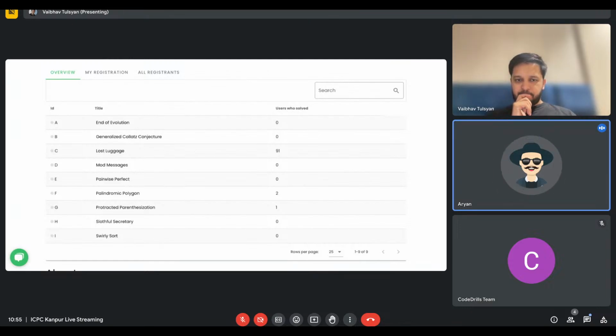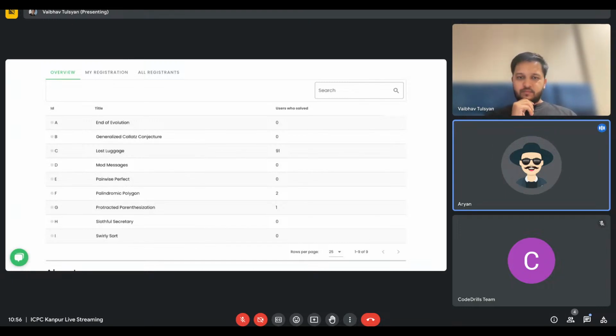After that, Pairwise Perfect is an ad hoc problem where you have to come up with a construction, so it's a hit or miss problem, and it can go anywhere in that range. Apart from that, Slothful Secretary is a slightly standard problem. One who knows it would be able to get an instant AC on it, although it requires coding.